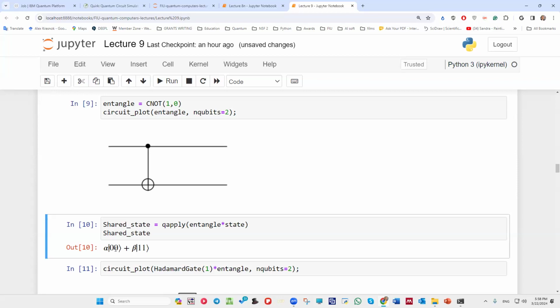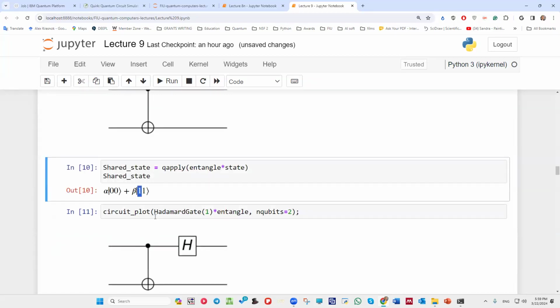As a result of this measurement, she can get either state 0 or state 1. If she gets state 0, she knows that if Bob measures his qubit, he will get 0 with 100% certainty. If she gets 1 in her measurement, Bob will get state 1, again with 100% probability. So this is not what she wants.